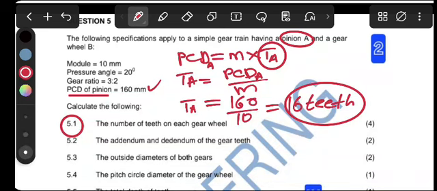Then here we have 5.2, which says the addendum and the dedendum of the gear.